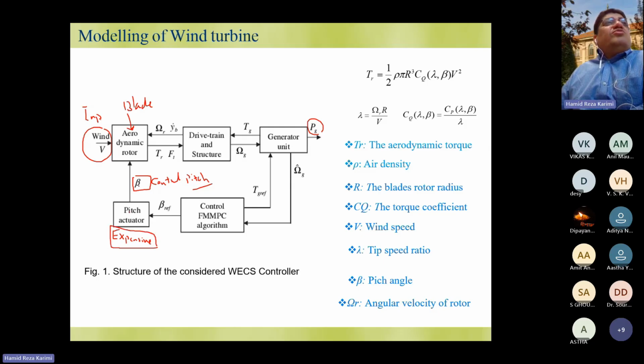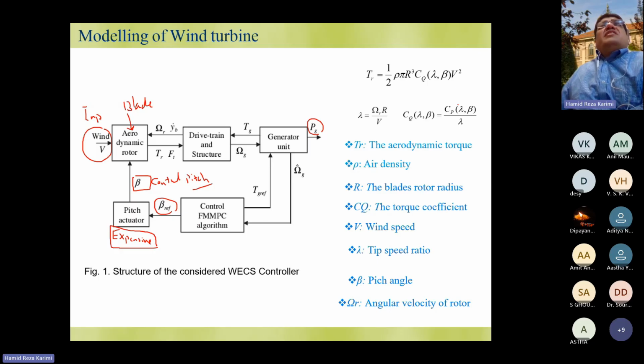So these controls should be designed based on MPC. And based on this input from the generator, from the system, you can design the reference or the desired control value.